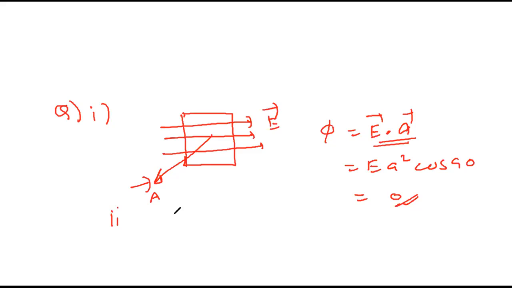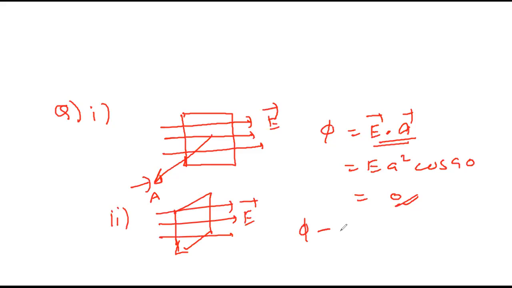Tell me in this case. This is the electric field. Now what will be the flux? It will be E A into cos of 0, because the area vector will also be in the same direction.